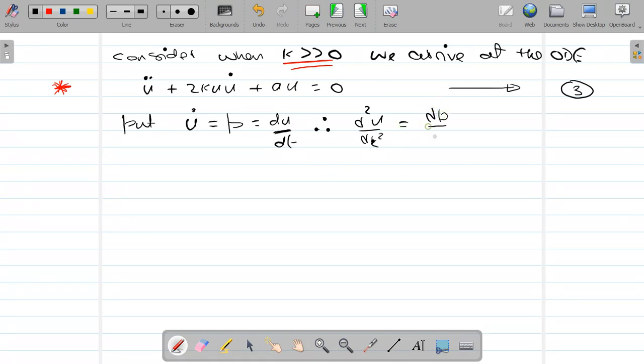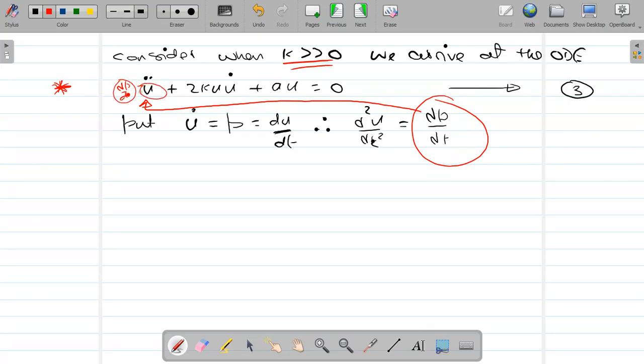dp by dt. Right, but there's something wrong with that, because if we substitute dp by dt back into this equation, we'll have a dp by dt here, in place of the u double dash, but we'll also have a u over here as well as a p.